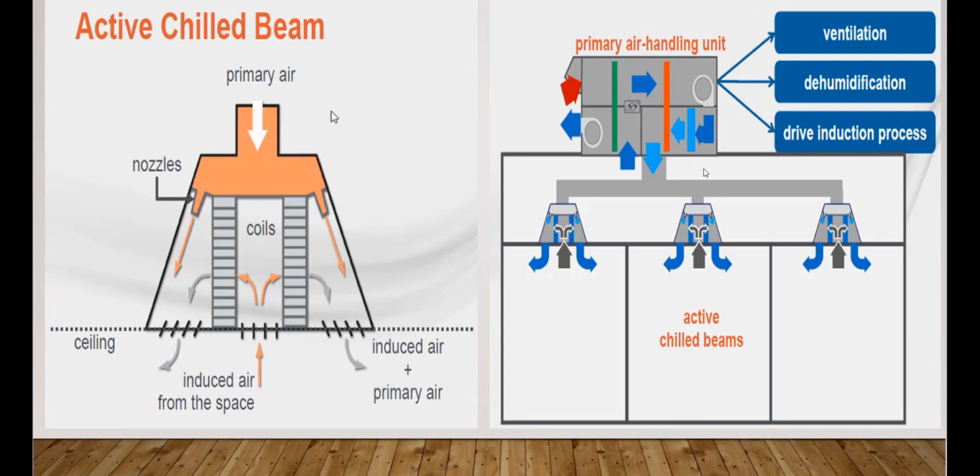The active chilled beams have the coil in the middle, and this is the return air from the space, and this is the supply air through nozzles in the chilled beam coming to the space.